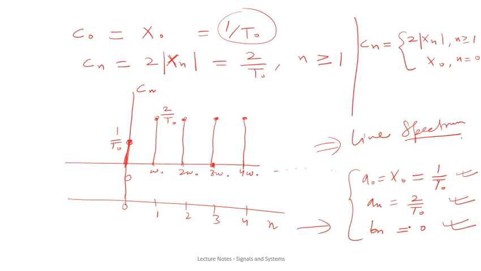There are also some properties related to the continuous time Fourier series that will be discussed in the next lecture. It is continuous time because continuous time signals are being taken here. When we complete this, we will move on to the discrete time Fourier series, but before that we have to discuss the properties of the continuous time Fourier series.